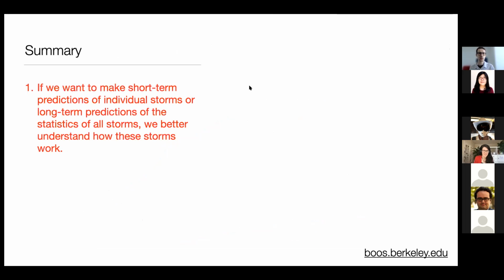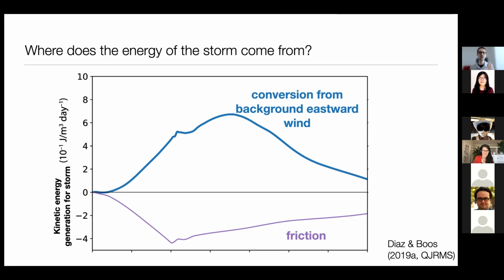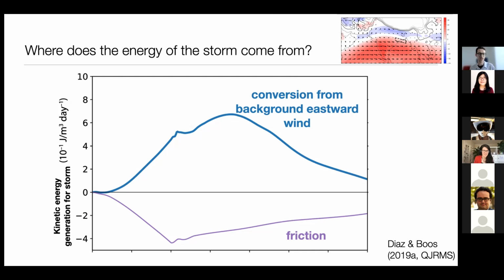Before I jump to the summary, I wanted to just say that this is not the only place that the kinetic energy could come from. There are many other possibilities. For example, for a hurricane in the Atlantic or a typhoon in the Pacific, we know that a lot of the energy comes from ocean heat content.